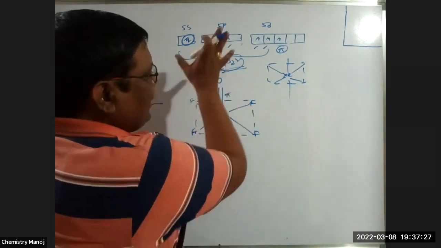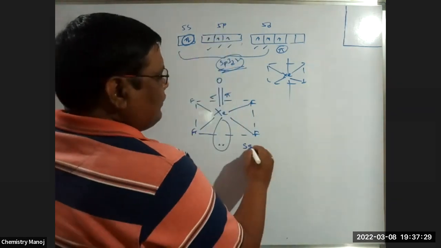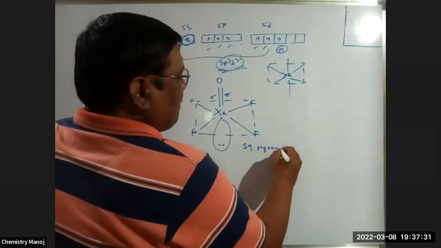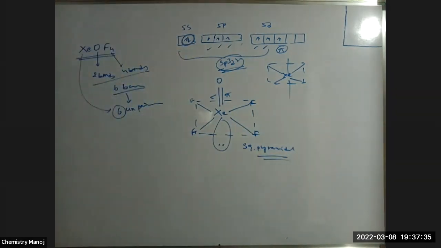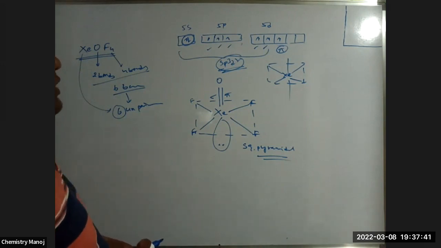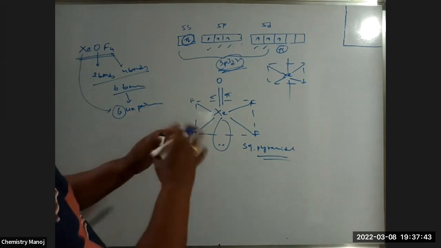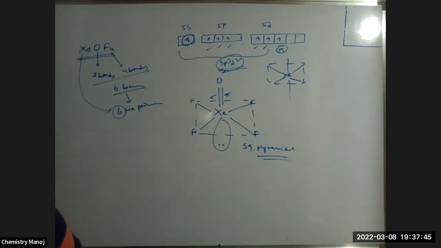It is a square and above one pyramid, a square pyramidal structure, due to repulsion. Therefore the actual structure we expect is octahedral. Correct or wrong? Correct. We expect octahedral, but what we observe is square pyramidal shape.